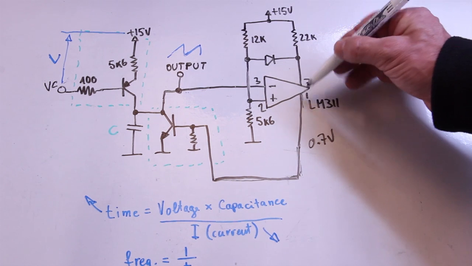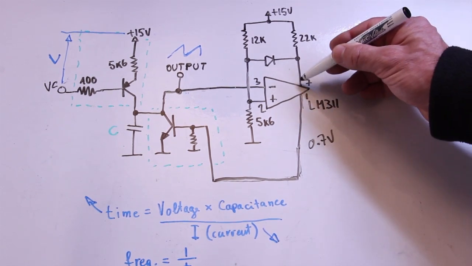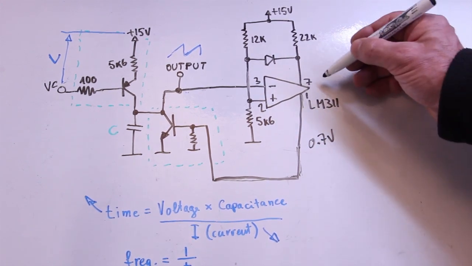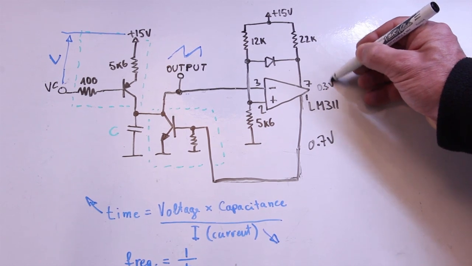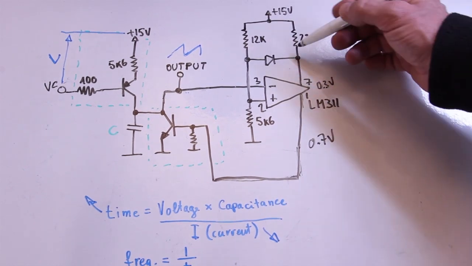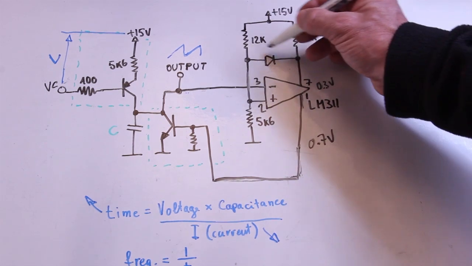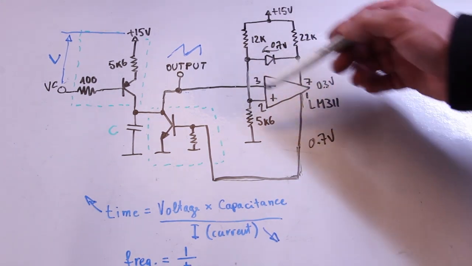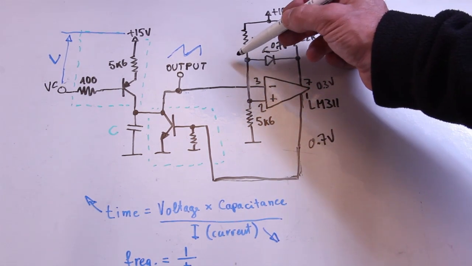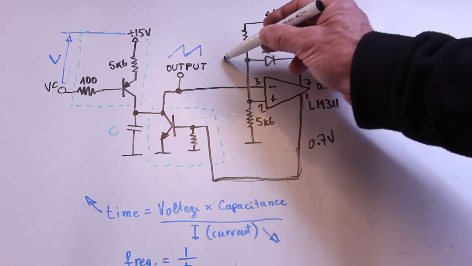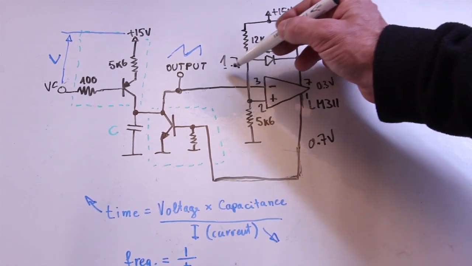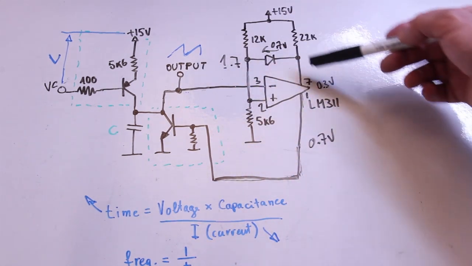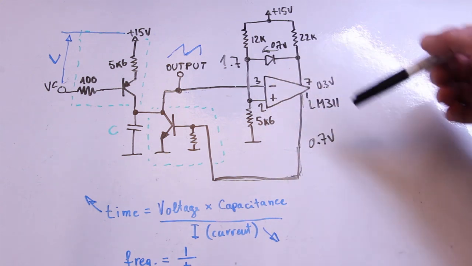Here we have to add a voltage between pin 7 and pin 1, which is the voltage drop of the internal transistor, which is about 0.3 volt, and then we have this voltage drop of this diode, which is 0.7 volt, which in total gives us here a voltage of about 1.7 volt, and this is the new voltage that changes after the comparator has turned on.